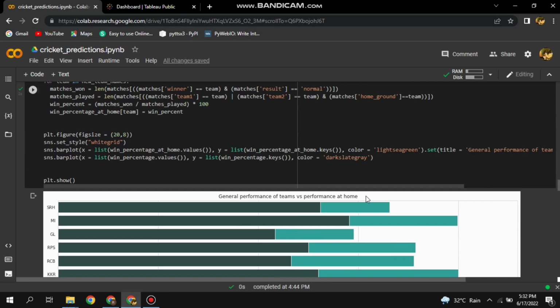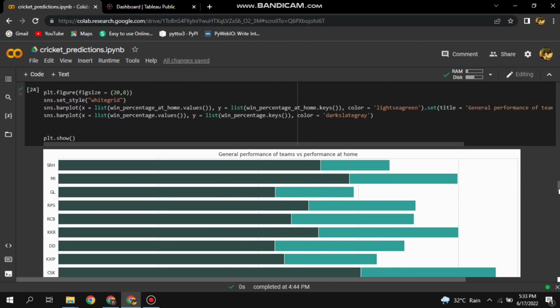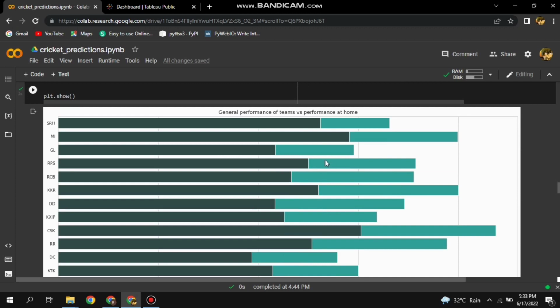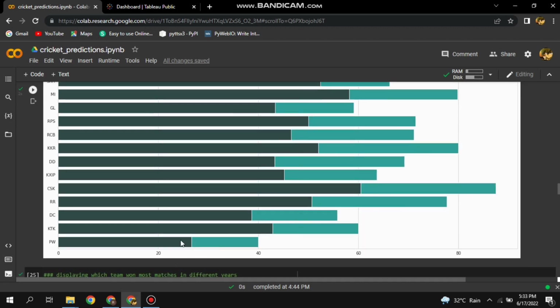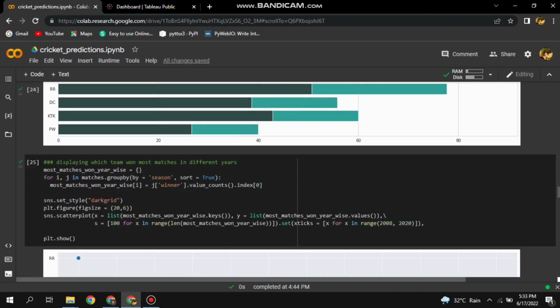After that I checked the performances of different teams at their homes versus the win percentage generally. I found out that there are huge chances of winning when the teams are playing at their home. All of the teams play far better at their home than what they generally do.